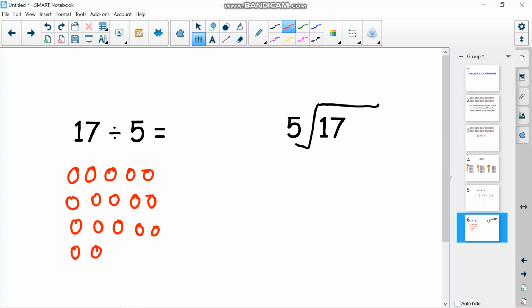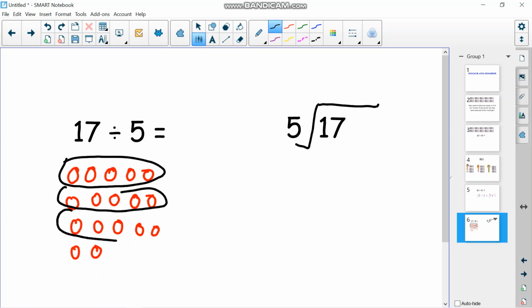Now let's circle the groups of 5 that we have made. 1, 2, and 3. So we have 3 groups of 5 and there are 2 left over. So we write 3, remainder 2.